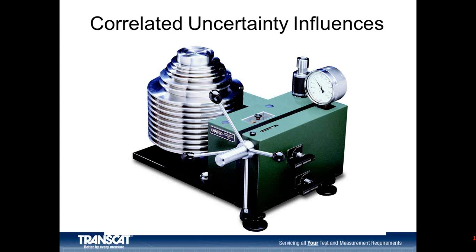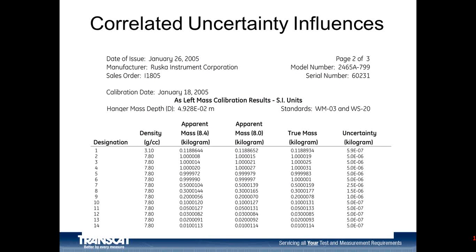There is an error in that 5-kilogram standard, and that error is passed on equally to each of these 5-kilo deadweight tester weights. So there's a systematic error in those. Some portion of the uncertainty in each of those 5-kilo masses is correlated with the uncertainty in the others. Because we don't know how much of that is correlated, it's customary to treat the entire weight set as being correlated and simply add the uncertainties together rather than combine root sum square.